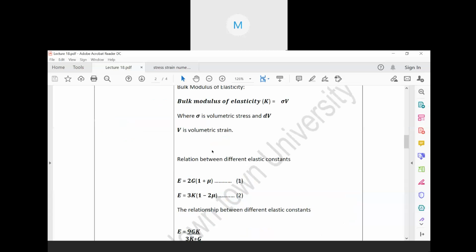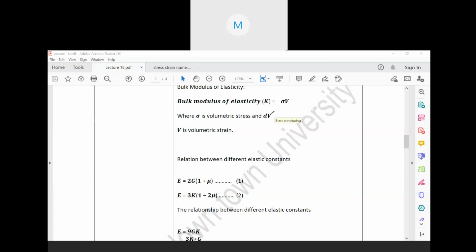Now, bulk modulus of elasticity. There is one term called bulk modulus. So what is actually bulk modulus? Suppose an object has some change in its volume once stress is applied.